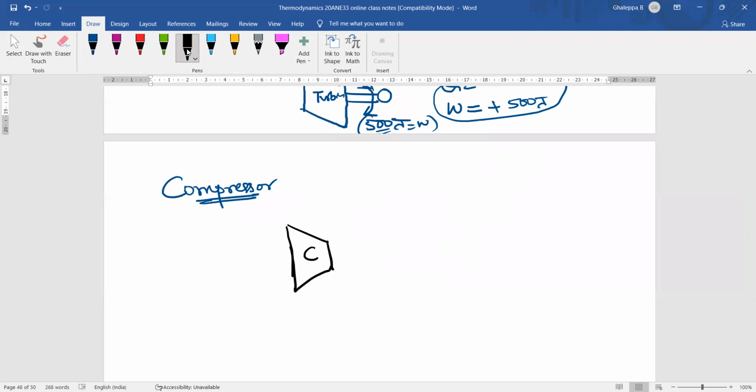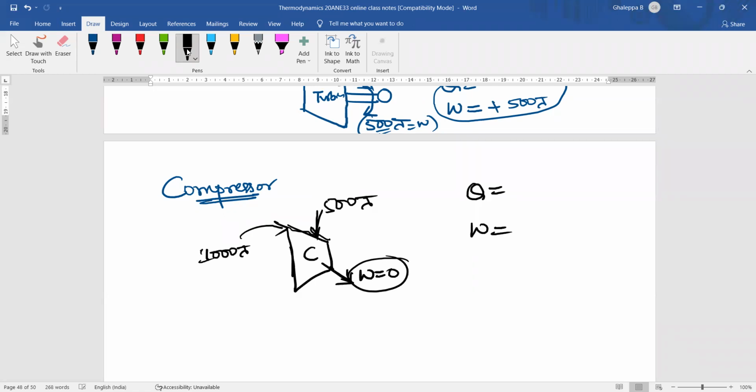Work supplied to the compressor is 1000 joule. Heat supplied to the compressor is 500 joule. Now you tell me. Work done by the compressor is 0. You tell me how to write the sign conventions of heat and of work.